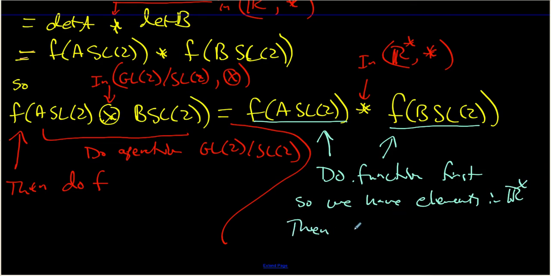Then we do ordinary old multiplication inside of R star. In other words, to really understand the structure of this group, what we want to be thinking about is a diagram that we can think of as running around in two different ways and we get the same answer.